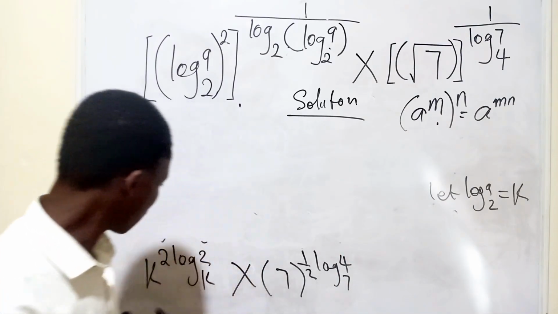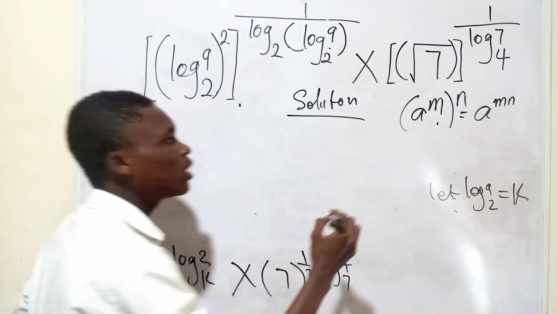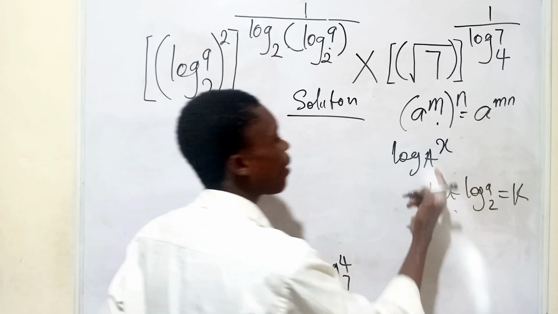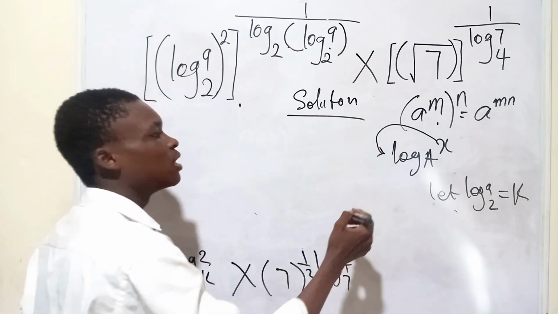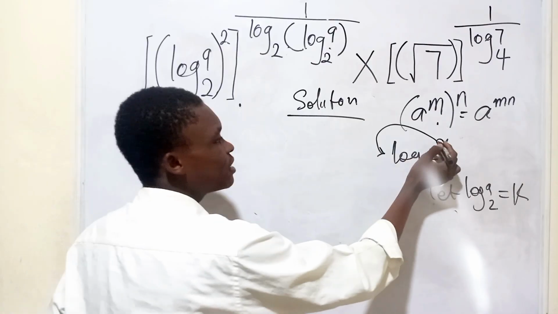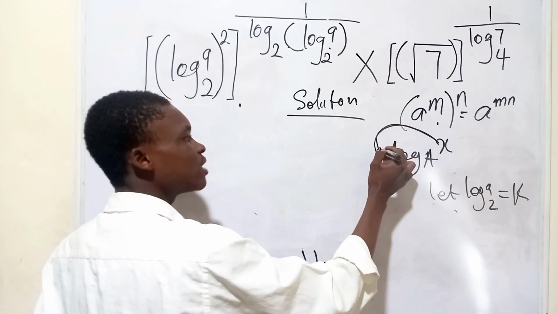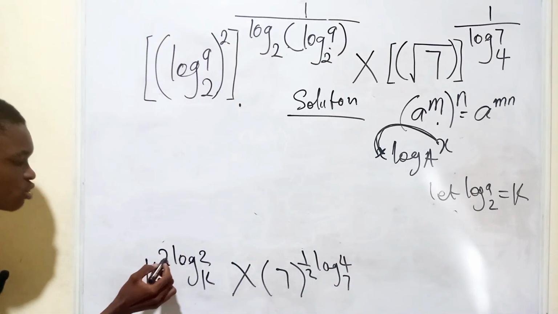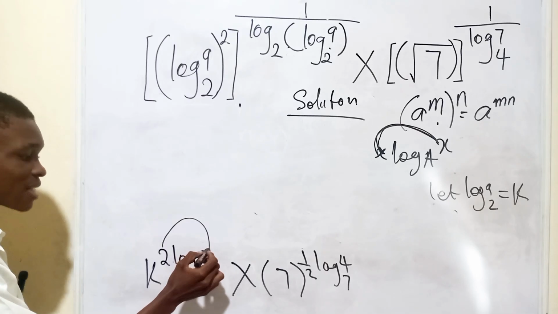All right, so from here, what next? What are we going to do? Remember the power law of logarithm: if the log is multiplied by a number, that number can be used as a power of the argument. Clearly, this 2 is multiplying the log. This 2 can also return back here as a power.